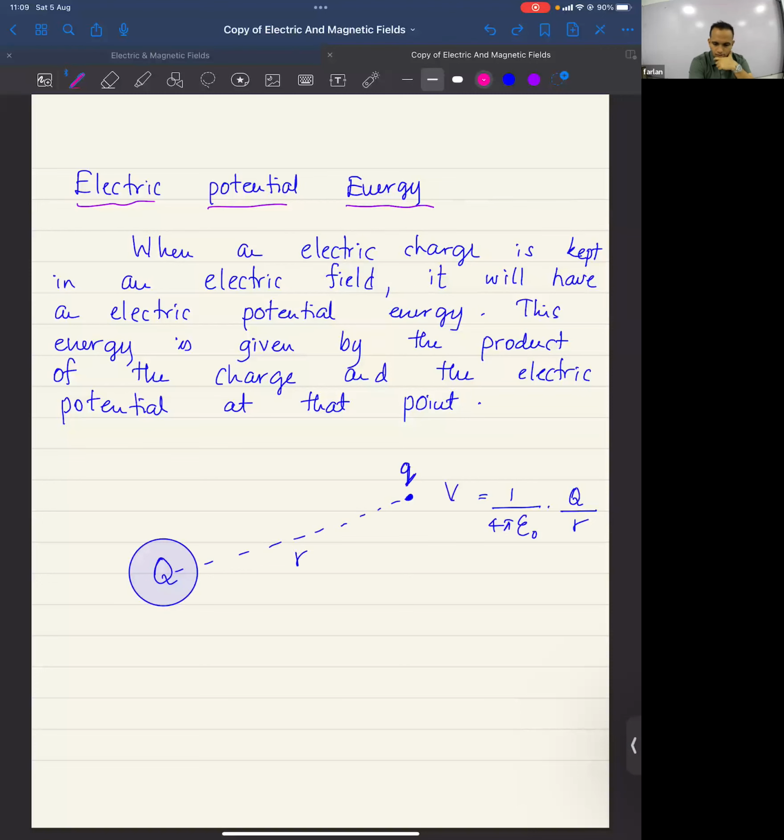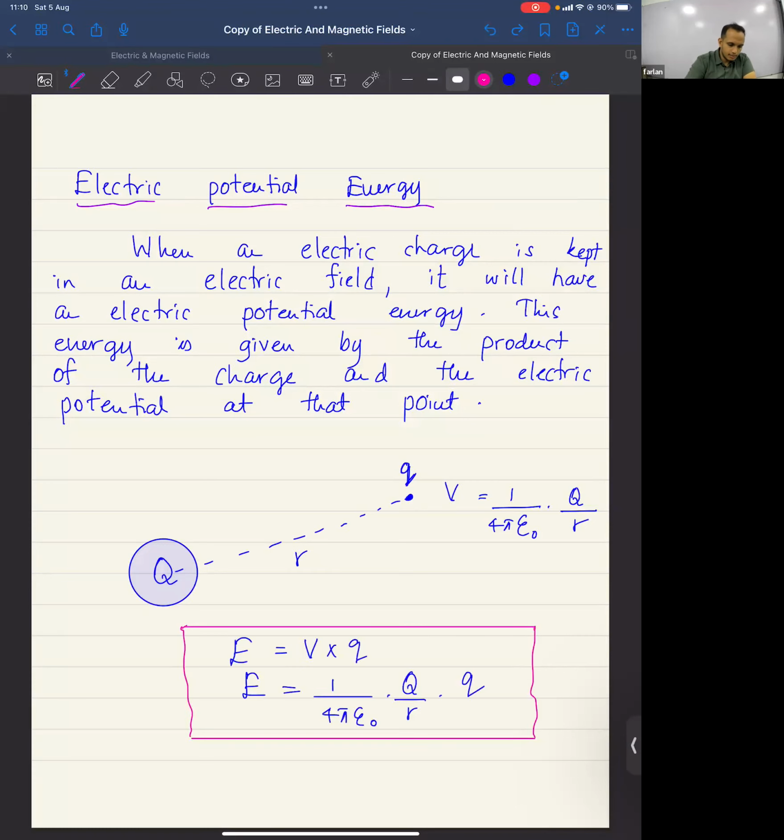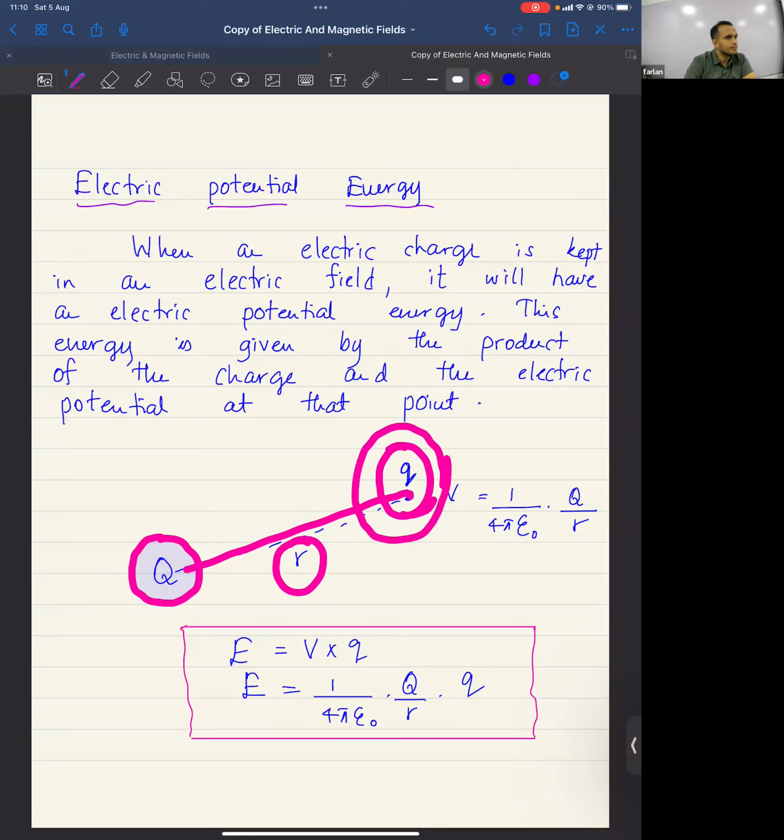Now guys, look at this one. Let's say there is a charge capital Q here, and at a distance R, there's a charge small q here. Let's say you want to find the electric potential energy of this small q.